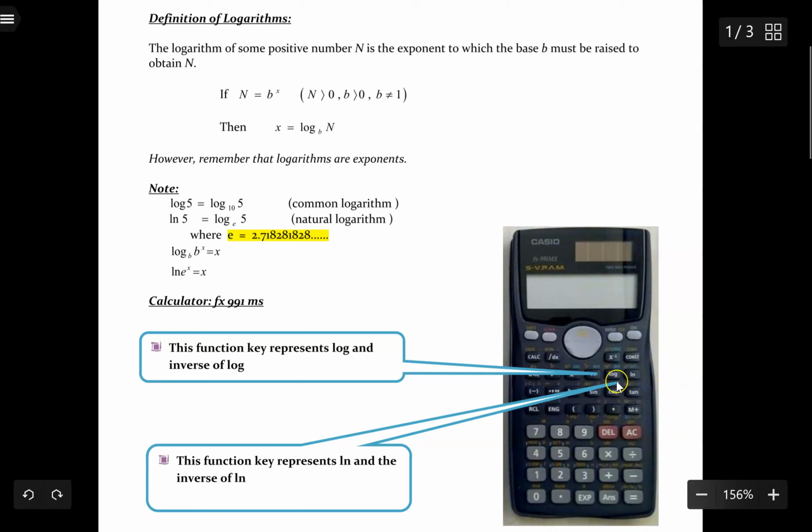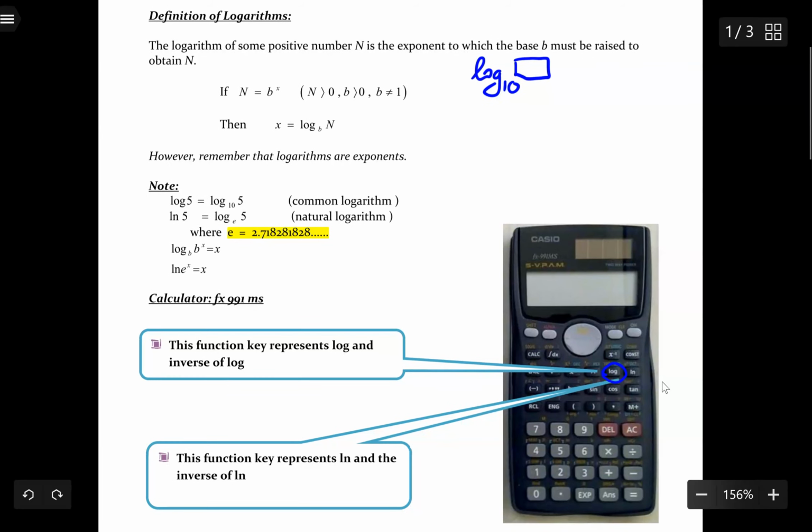The key called log, L-O-G, and the key beside that called ln. So let's talk about one at a time. So log, that's the key that I would like everyone to pay attention to. So I can write log of the base 10 of a certain argument. Okay, so in this case I don't know what that argument is.